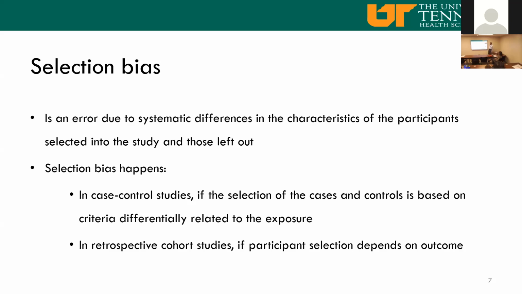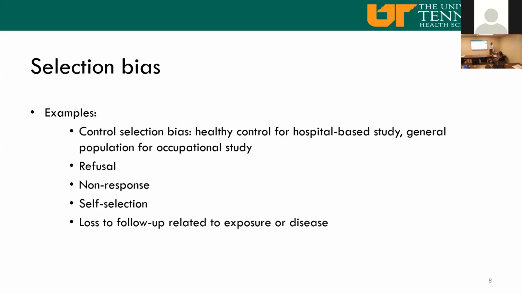In retrospective cohort studies, if participant selection is based on the outcome of the study, again, a selection bias can be introduced. Take control selection bias, for example: healthy controls for a hospital-based study, or the general population for an occupational study.